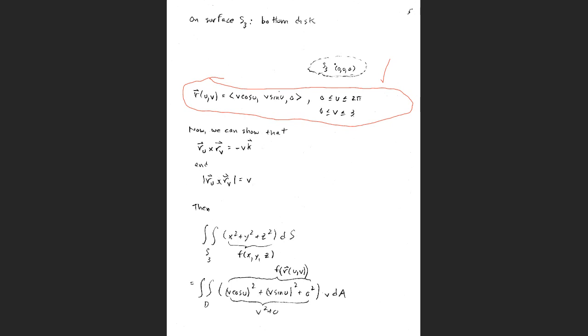Okay, and so same kind of process. The cross product of the derivative vectors is negative k, and essentially we get down to here for our surface integral. I kind of just let you copy, and I don't like to say things when it isn't necessary. I think you see what's going on.